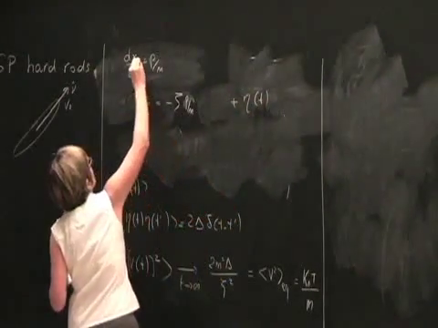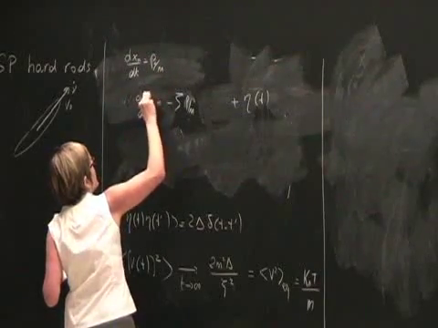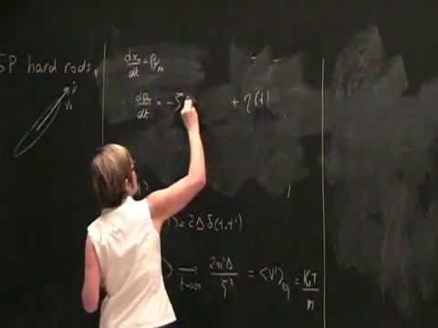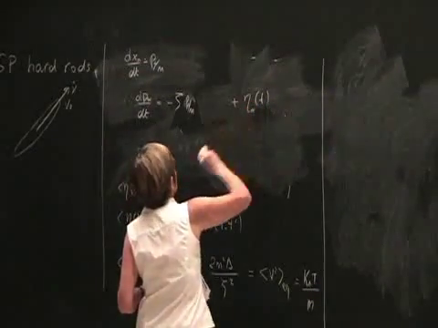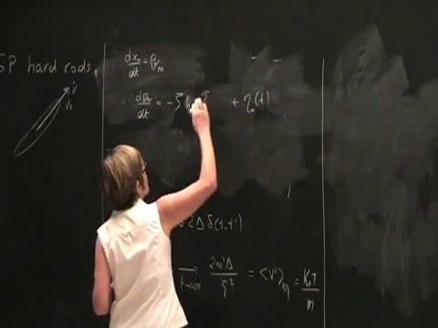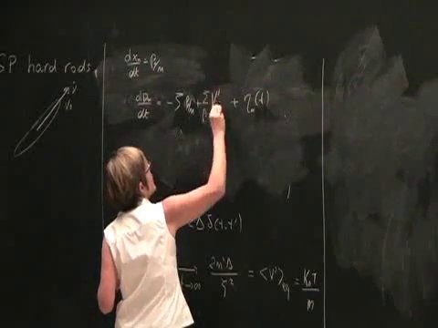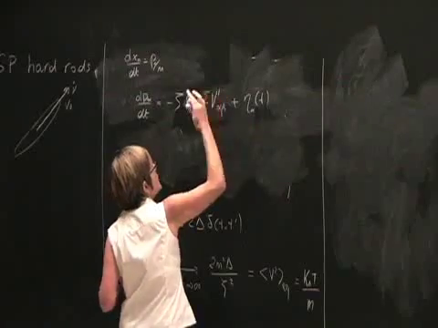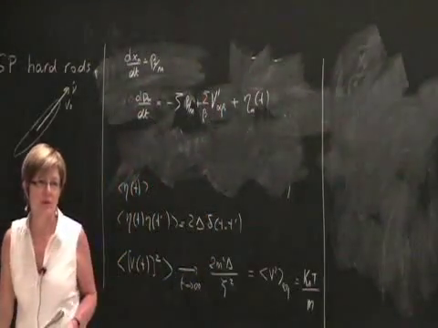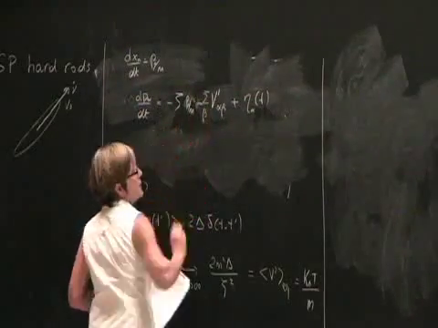Say I label my particles by alpha. And I add, let me write it as a derivative of some kind of potential. I guess it will be minus the derivative.